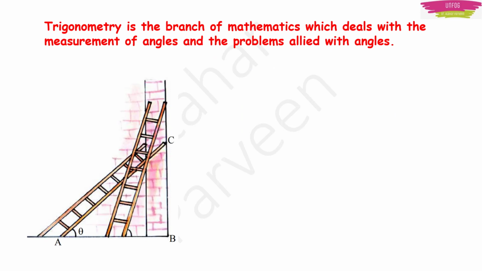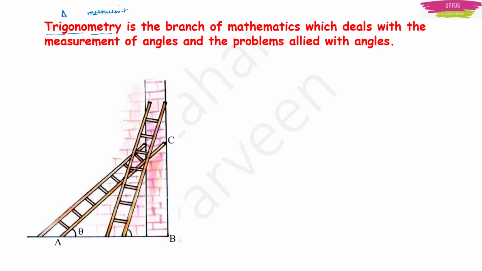To start with, let us first know what is trigonometry. In its name only you can understand that trigono means a triangle, and metry means measurement. Basically, trigonometry is a branch of mathematics which deals with the measurement of angles or sides in a triangle, and also it deals with the problems connected with these angles in a triangle.